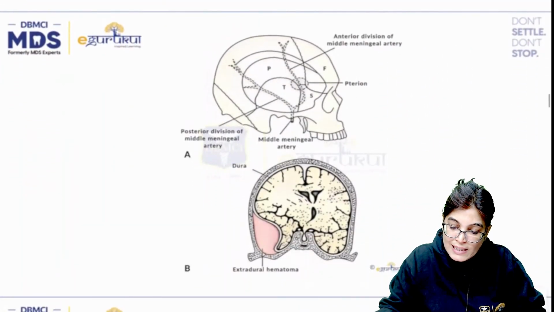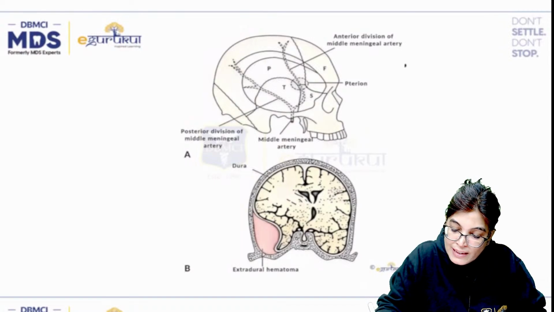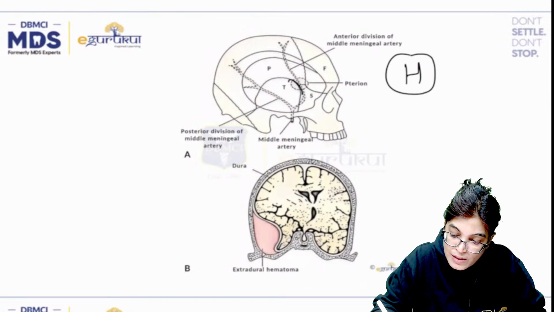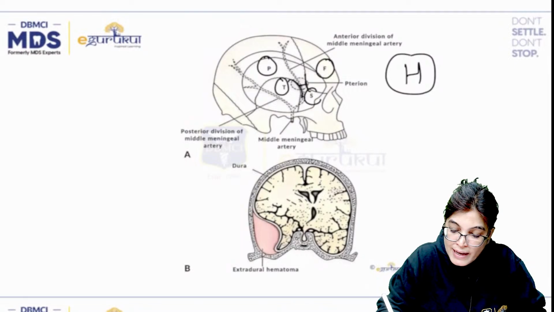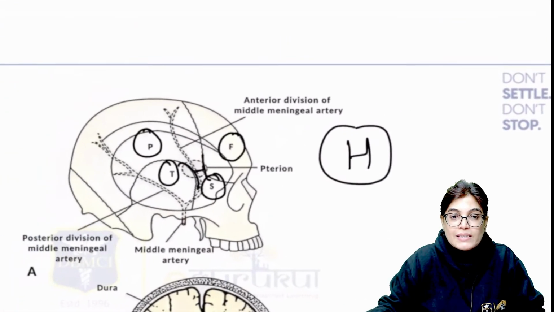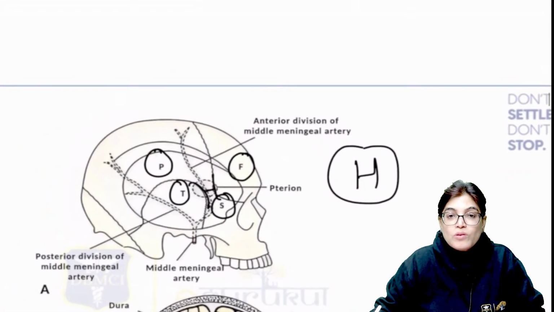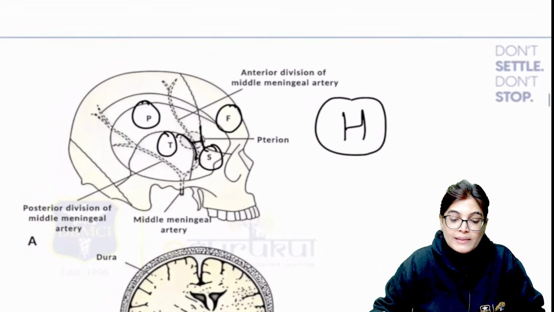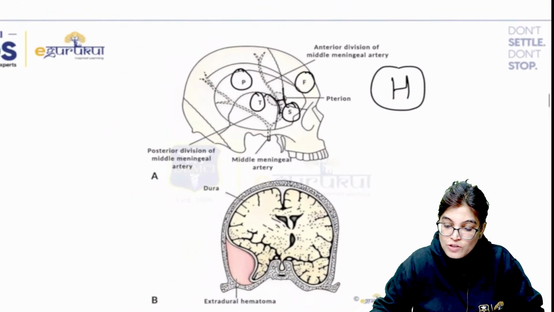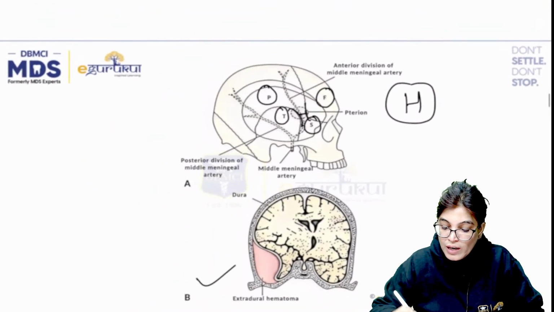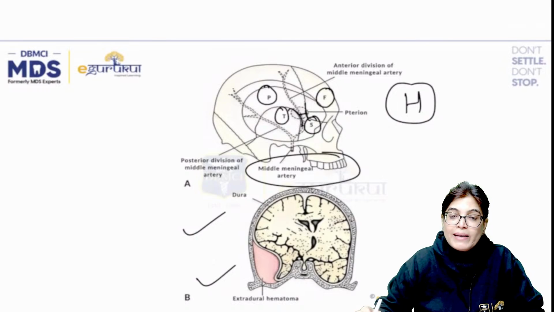You can see in this image that at the level of the H-shaped suture, four bones are meeting: F for frontal bone, P for parietal bone, T for temporal, and S for sphenoid bone. This injury can lead to extradural hematoma, bleeding from the anterior trunk of the middle meningeal artery.